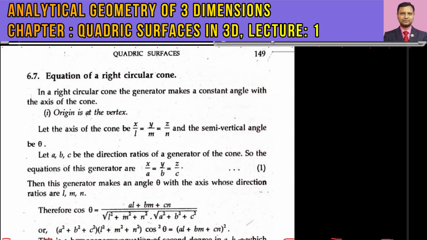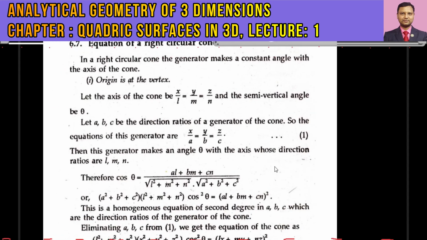Now you see, in case of a right circular cone, if the origin is the vertex, sometimes it may so happen that the axis is provided, and a generator is provided, with the semi-vertical angle, suppose theta.